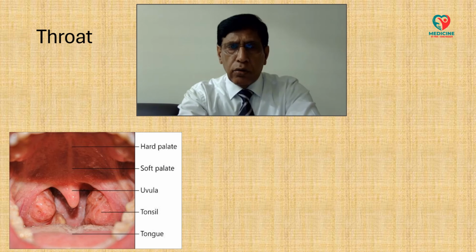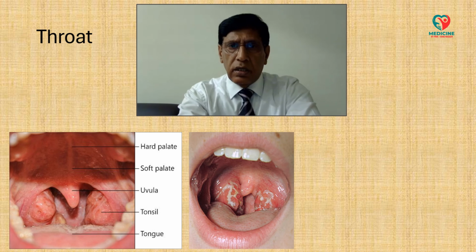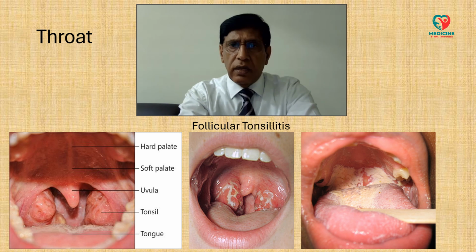Revising the anatomy of the throat is important. We just saw a cartoon, and now it's a real picture that you can identify, starting from the front up: the hard palate, the soft palate, the uvula, the tonsil on the two sides, and the tongue. Now notice this person's markedly enlarged tonsils with some follicle appearance and the pus over there. This is follicular tonsillitis.